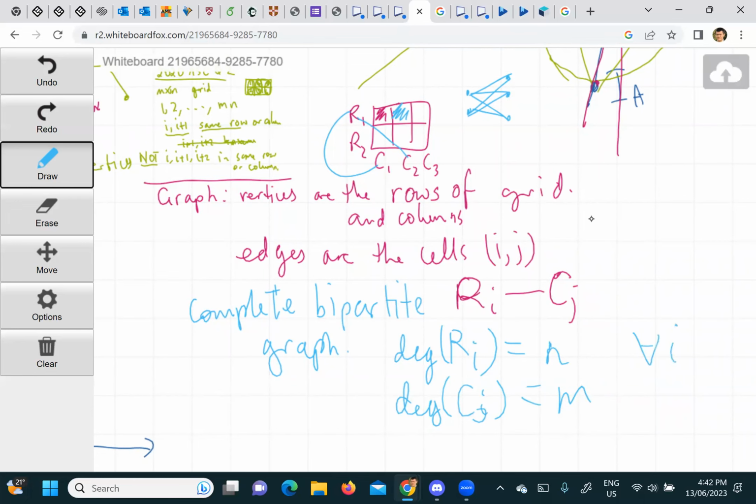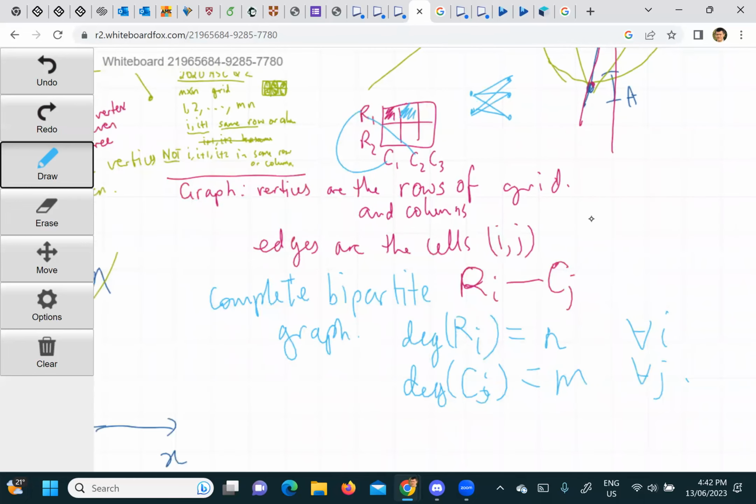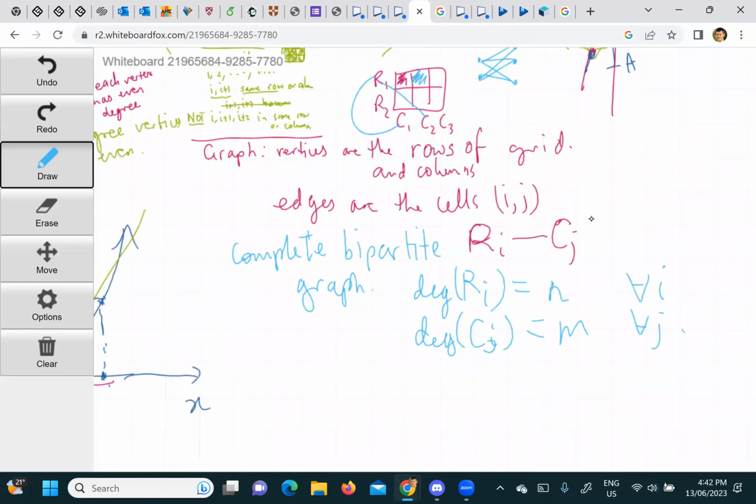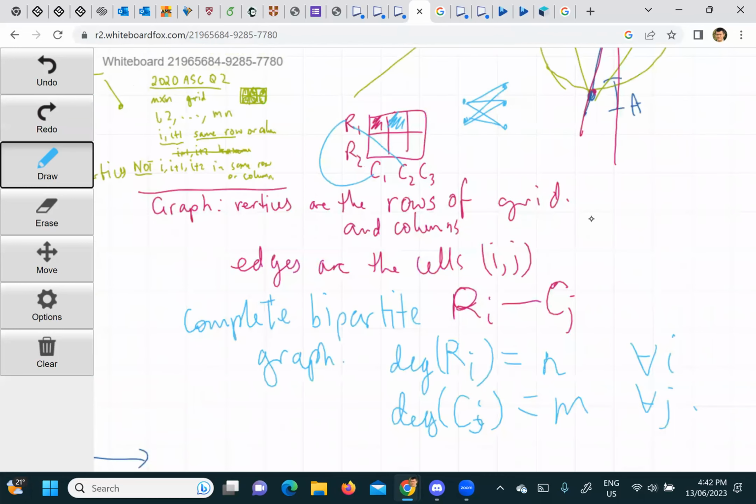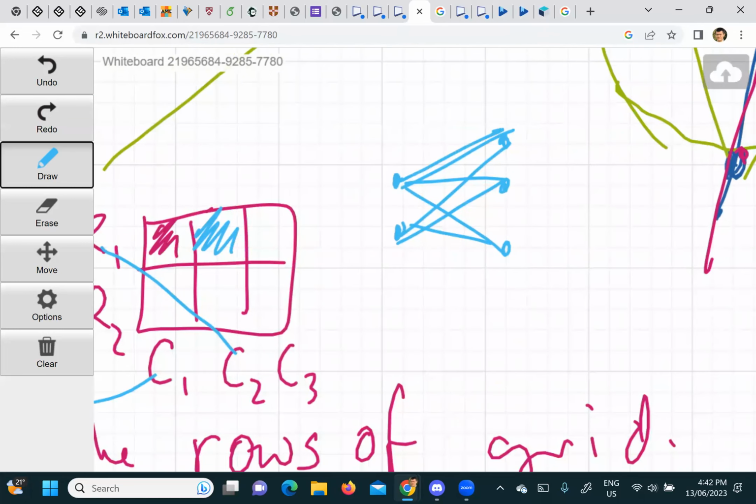This is for all i, for all j. Here there are 3 columns, so there are 3 edges coming out of each of these. So these have degree 3, and these have degree 2.